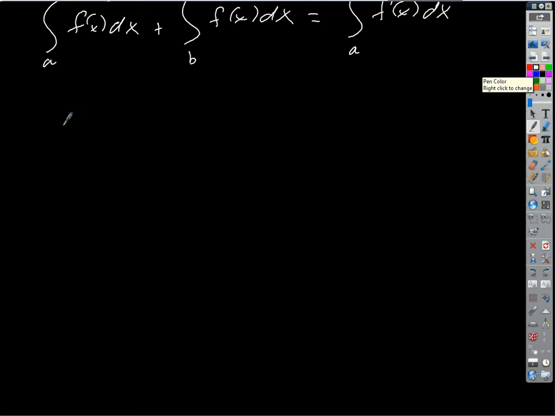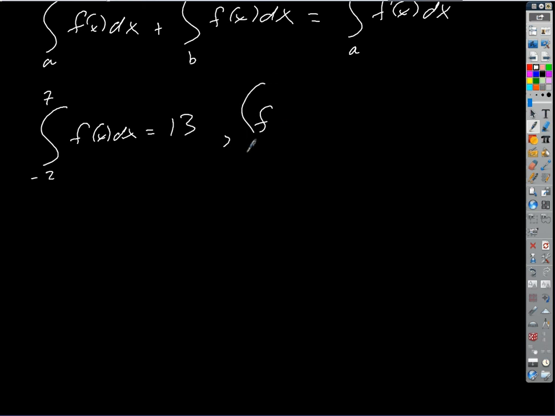So what if I want to add up? Let's say that I know that the integral from -2 to +7 is equal to 13. And I know that the integral from +3 to +7 equals 9.